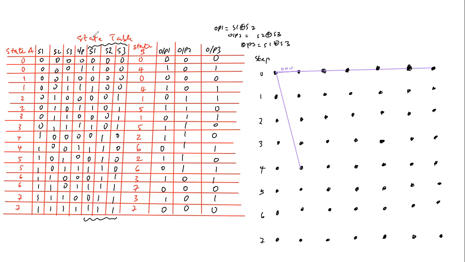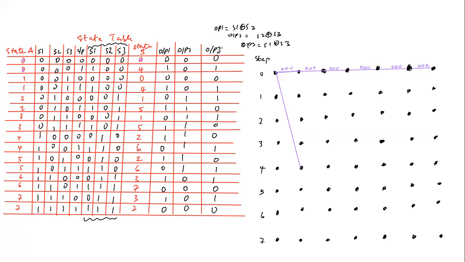Then that will be all 0s. That's from 0 to 0. The output is all zeros.